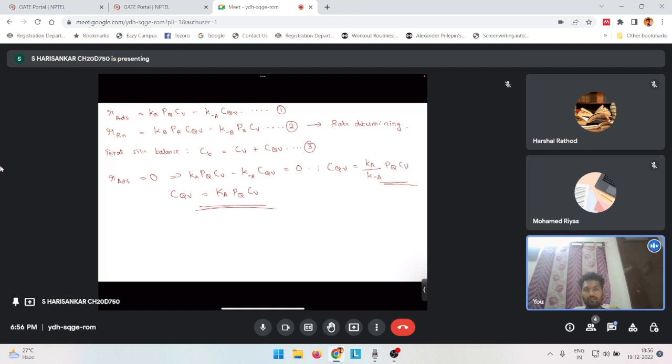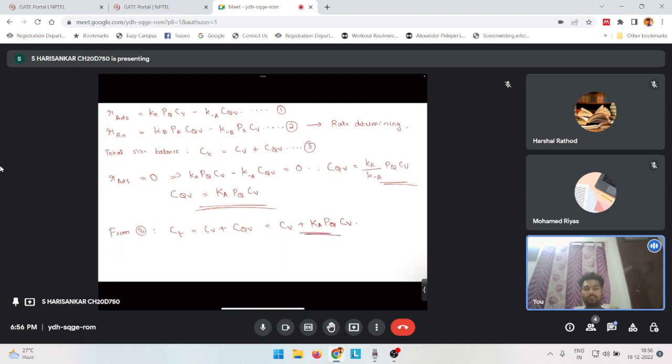Now what we can do is we can find the term for CV by using the site balance. So from equation 3, the site balance CT will be CV plus CQV. And we can substitute for CQV as Ka into PQ CV.